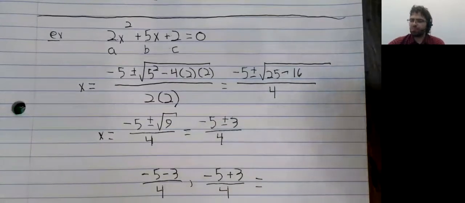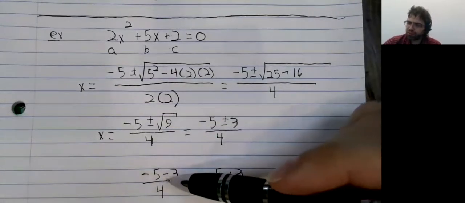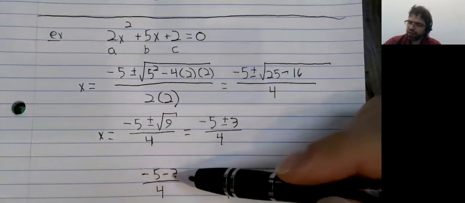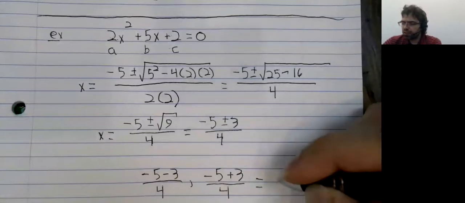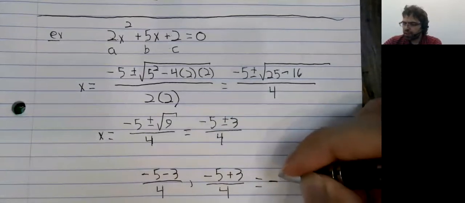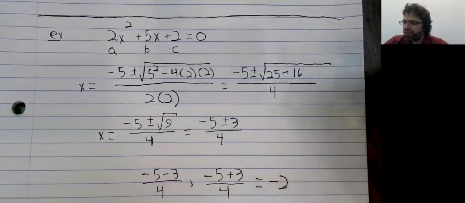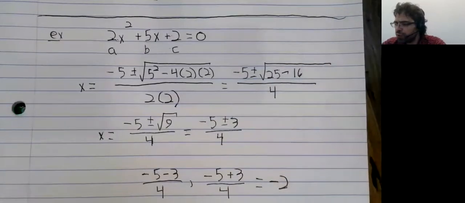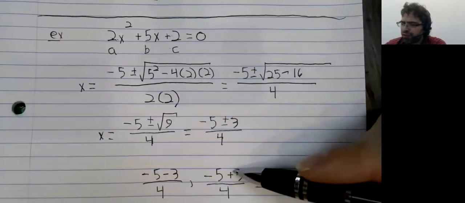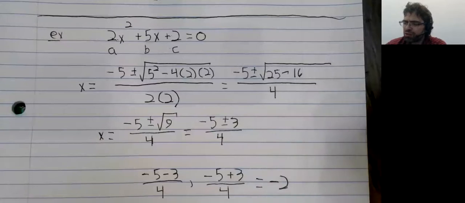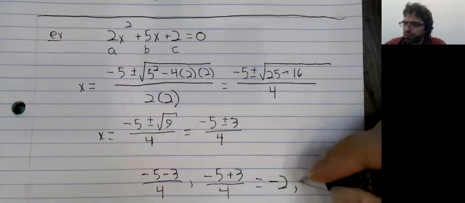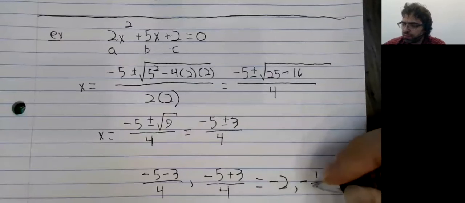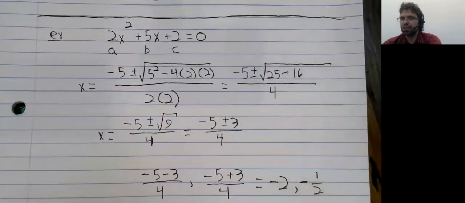And these simplify as what? Negative 5 minus 3 is negative 8, divided by 4 is negative 2. Negative 5 plus 3 is negative 2, over 4, so negative 1/2.